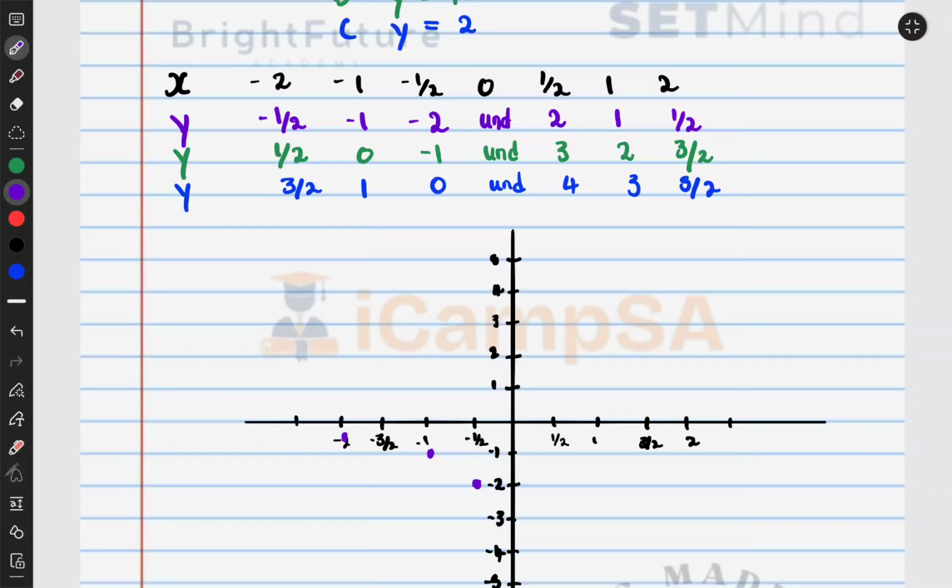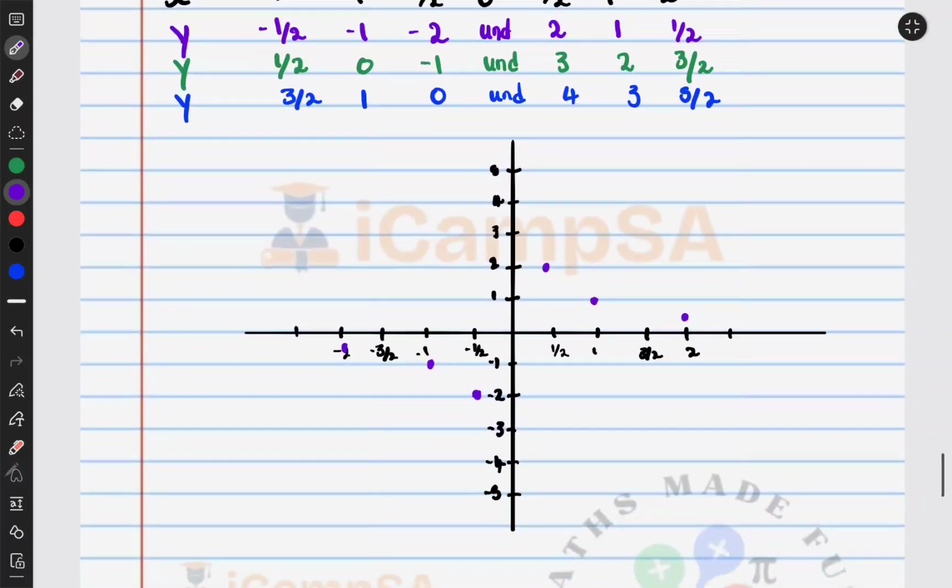Then we have undefined, and then we have 1 over 2 and 2, 1 and 1, and 2 and half. There, that is our function. You join the points, then the other branch, and there you have your first function.